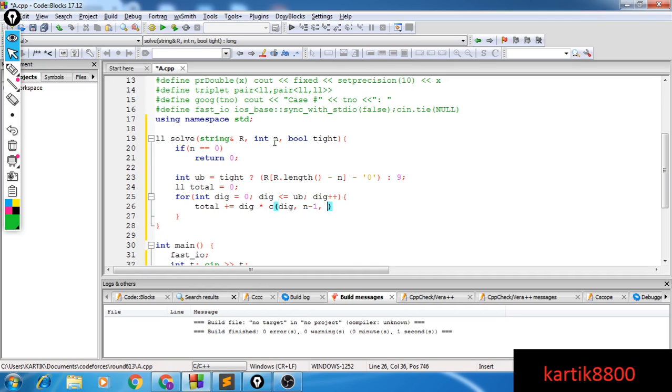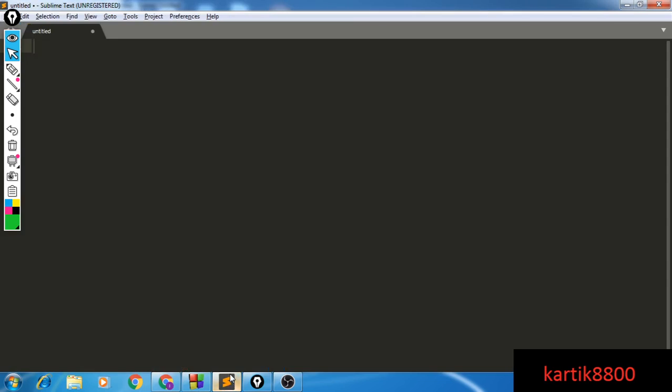What about type? You need to think about R also, right? Let me discuss that quickly. Let me go to Sublime. So let's say R equals 3862. How many 4-digit numbers exist if you don't give any regard to R?